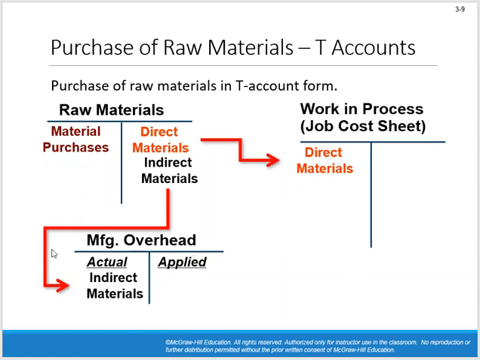But remember, the MOH bucket doesn't actually exist on any financial statement. So it acts like an asset. It's where we gather all of these costs, but at the end of the period, we have to dump it out. So the debit side represents our actual costs, and the credit side is going to represent what we apply into our jobs.